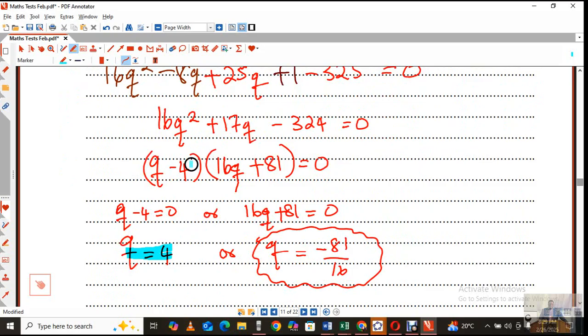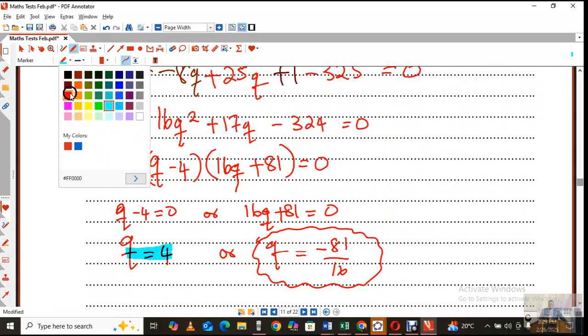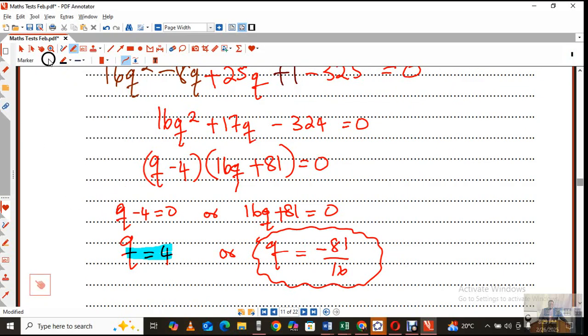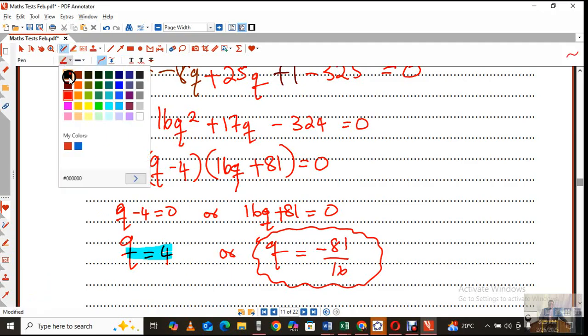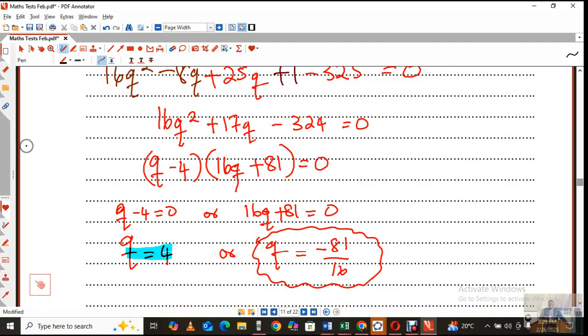Now that we know what q is, we can actually use this to find our r. And our r, we calculated, remember, by saying r was the same as taking term 2 divided by term 1. Now, what is our term 2?